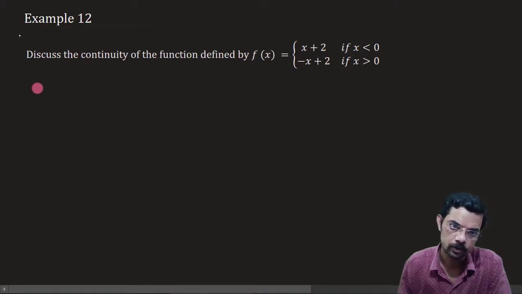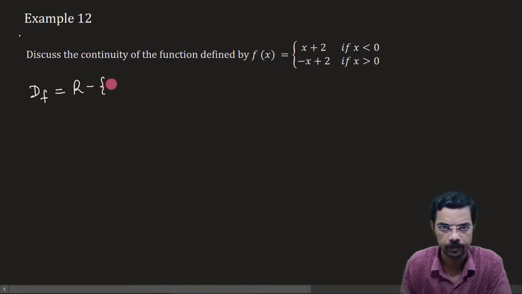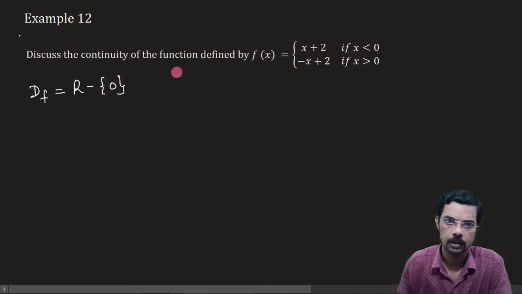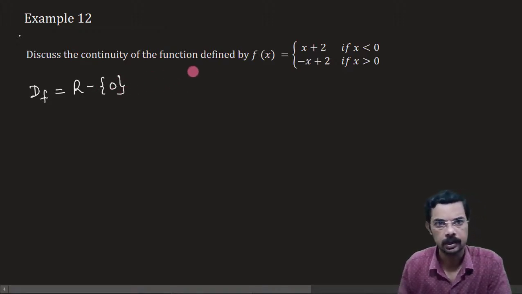So here the domain of f is equal to R minus {0}. It is less than 0 and greater than 0, negative numbers and positive numbers.